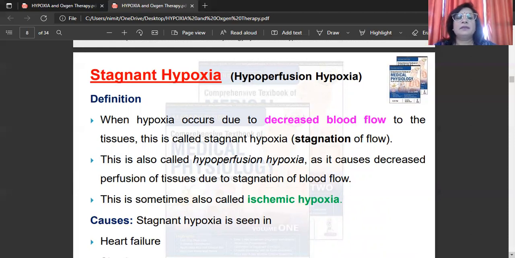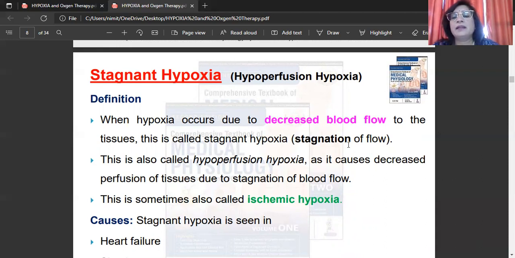Write the definition: when hypoxia occurs due to decreased blood flow to the tissues, this is called stagnant hypoxia.